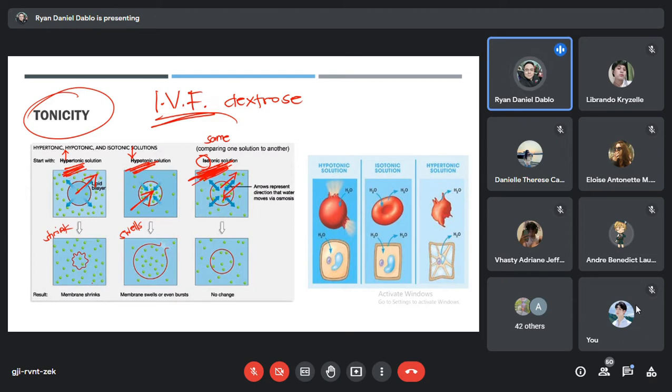Now, in addition to the medical usage, tonicity also has an impact on food in general, like the preservation of food using sugar and salt, like dried fish or jams and pickles, for example. These are achieved because of the way osmosis happens, right?